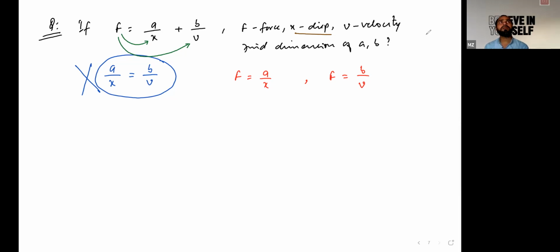I've given you, I think, 12 or 13 relationships. Yusra, just check again. Here, X is in the denominator. On bringing it to the other side, it would be in multiplication with this particular force.